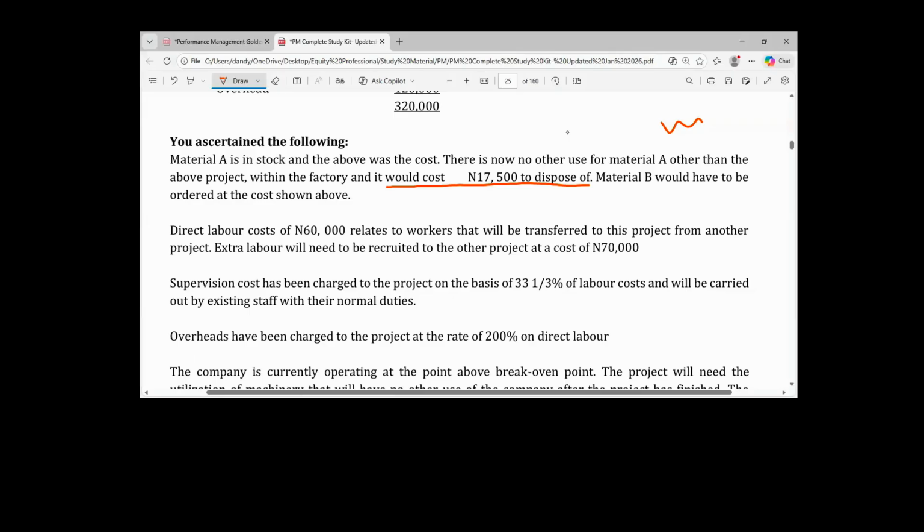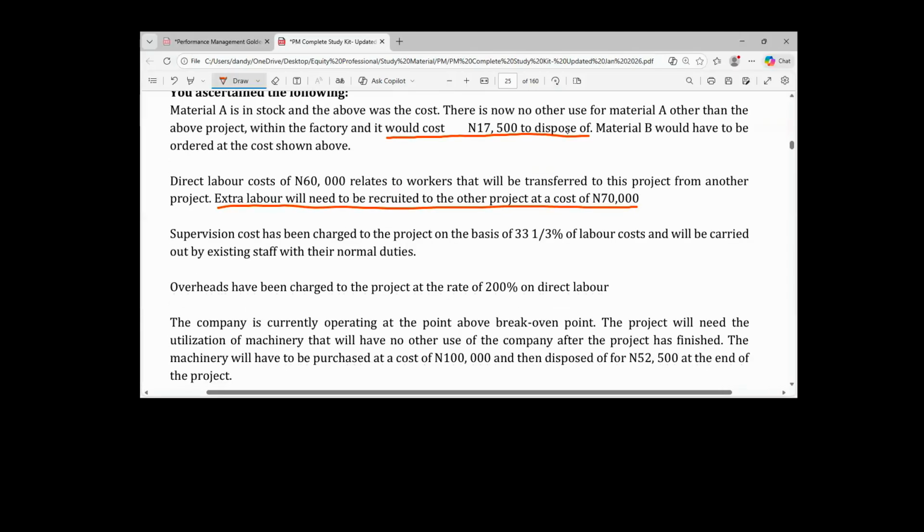Direct labor cost of 60,000 relates to workers that will be transferred to this project from another project. Extra labor will need to be recruited to the other project at a cost of 70,000. Supervision cost has been charged to the project on the basis of 33 1/3% of direct labor cost.